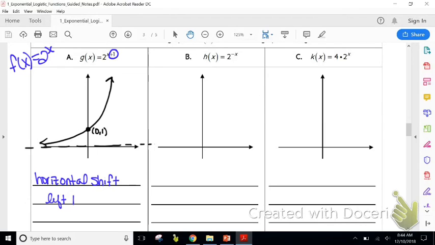But we're going to go to the left 1, you said. So now my graph is going to move left 1. And so this initial value now is over here. And where's that at? Yeah, negative 1, 1. Because the x value, the 0, went to the left 1, okay? So it's at negative 1. And so you might want to label these so you remember which is which.